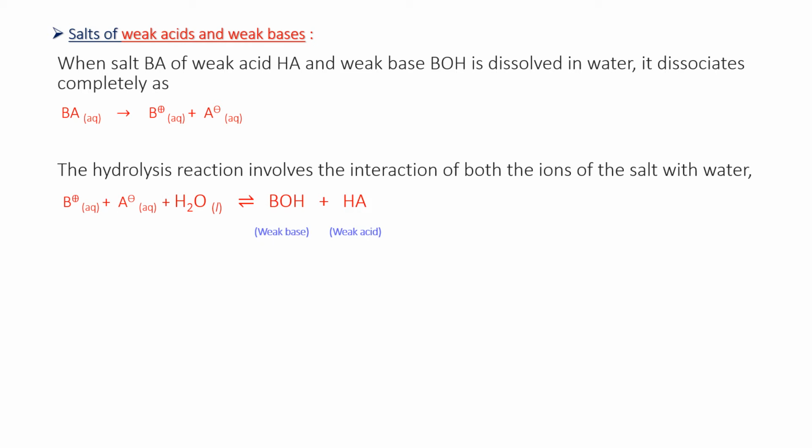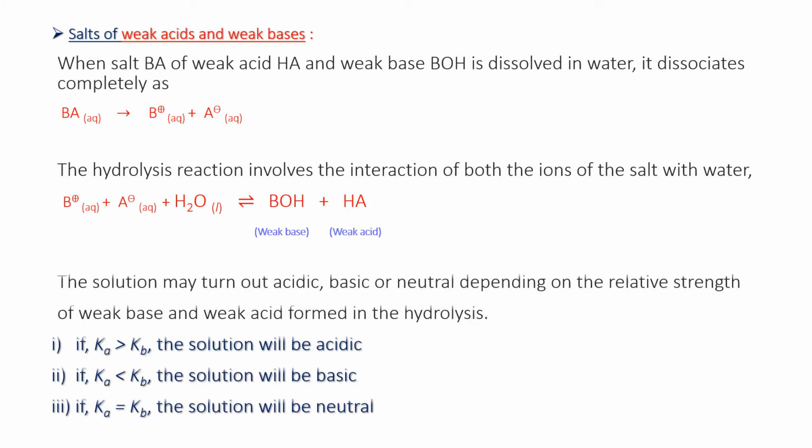Both compounds are nothing but a weak base and weak acid. Okay, so now in this case you have to decide whether the solution is acidic, basic or neutral. So how will you decide?